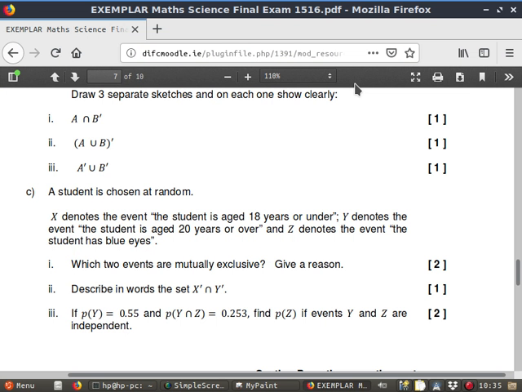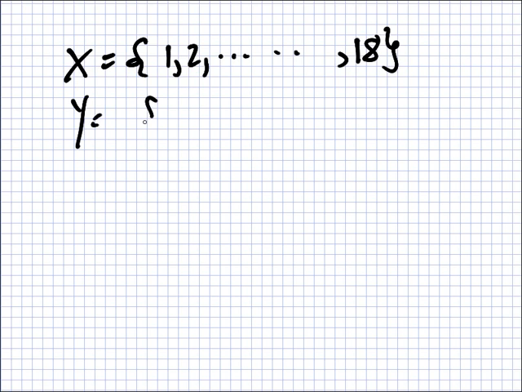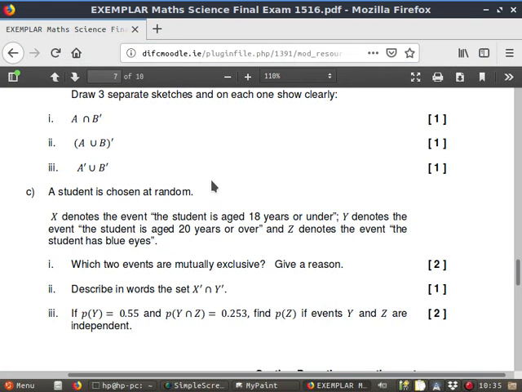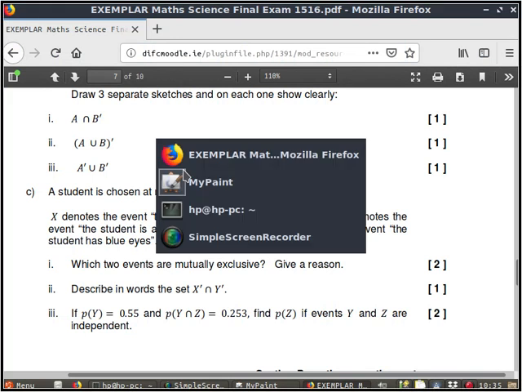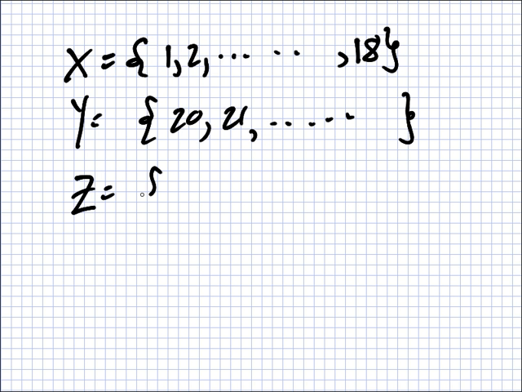Yes. Y is the students aged 20 or over. So Y are all the students who are 20, 21, up to infinity. Who knows who the oldest is? And Z is the event that the student has blue eyes. So Z is just blue eyes then.